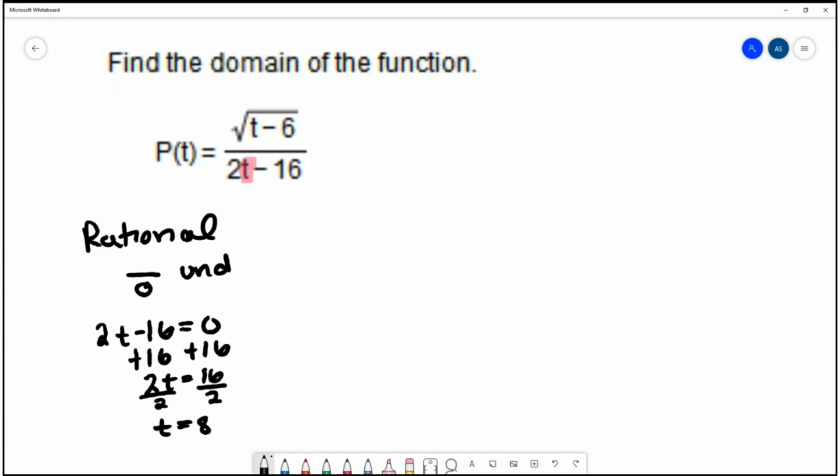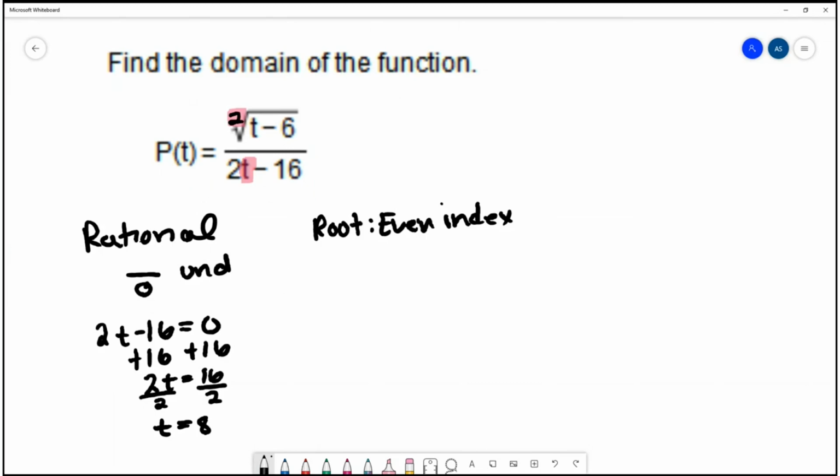But we also have a square root. With a square root, or a root function, if it has an even index, like this one does, it's an even index because it's a square root. No index was listed here, so we assume that index is a 2.